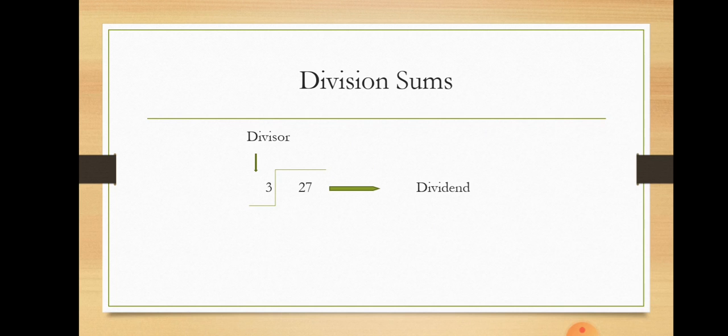And the number you divide it with is called the divisor. Here 27 is the dividend and 3 is the divisor. It means you are dividing 27 with 3. So 3 is the divisor and 27 is the dividend.